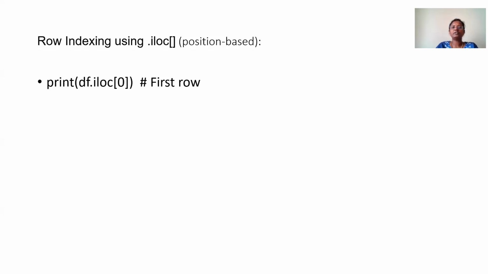If you want to extract the third row, what value do we have to give? iloc of 2, because the value starts from 0. 0 is the first position, 1 is the second position, 2 is the third position. So if you want to extract the third row, you have to use 2. Like that, the position will change. Always we have to count from 0. Whatever position you want, according to that, you can give the number.